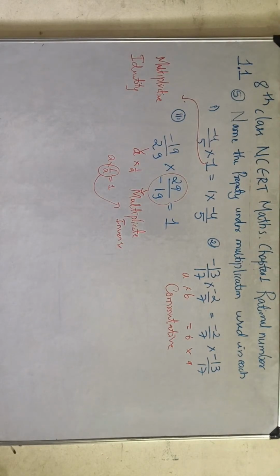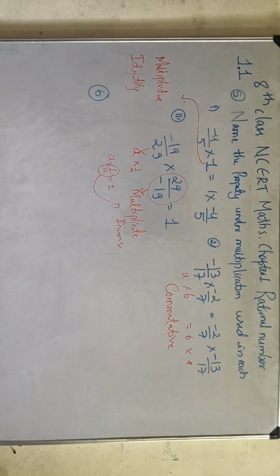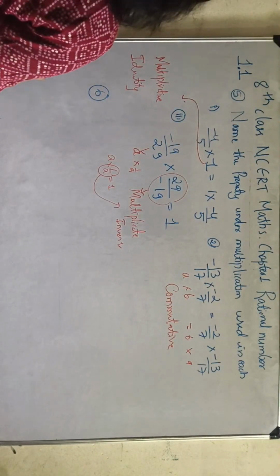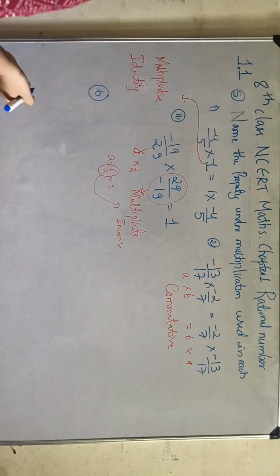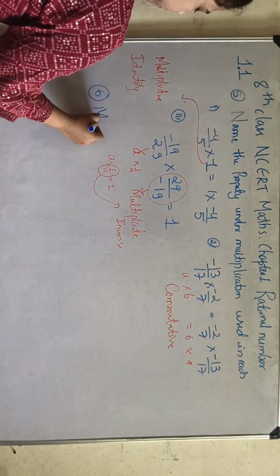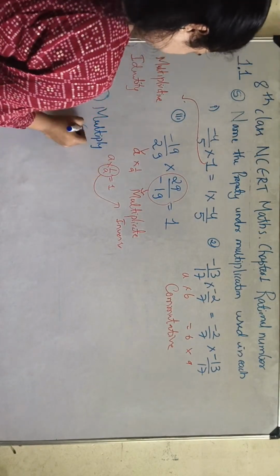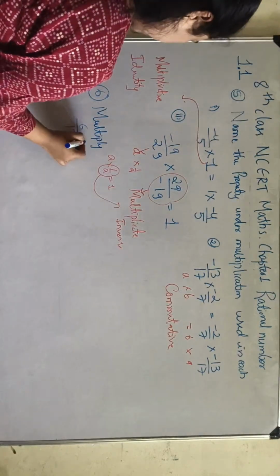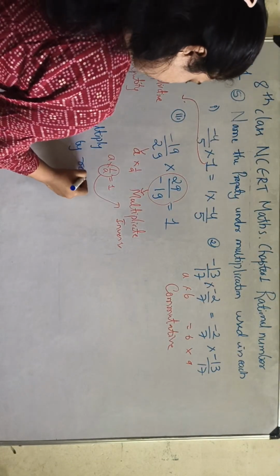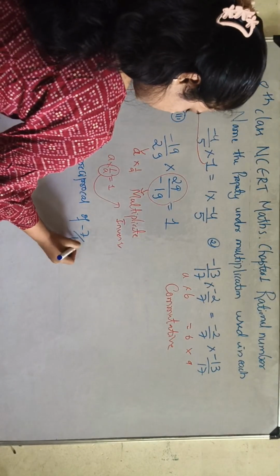And we will move on to question 6. What is question 6? Exercise 1.1 in the 8th class NCERT Maths, question number 6. This is very easy. Multiply 6 by 13 by the reciprocal of minus 7 upon 16.